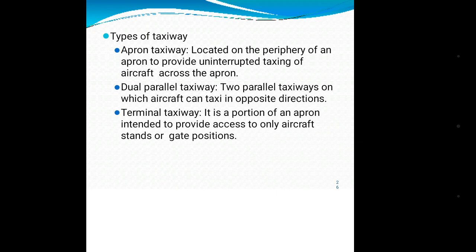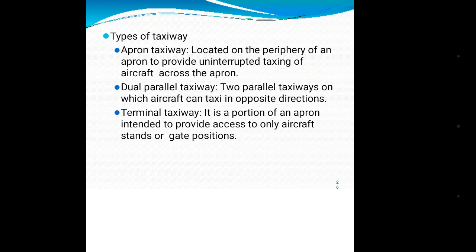Now what are the different categories of these taxiways? First category is apron taxiway. It is located on the periphery of an apron to provide uninterrupted taxiing of aircraft across the apron. Then dual parallel taxiway. The two parallel taxiways on which the aircraft can taxi in opposite directions.